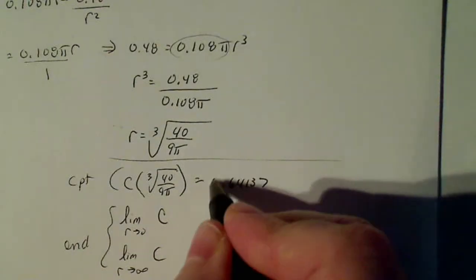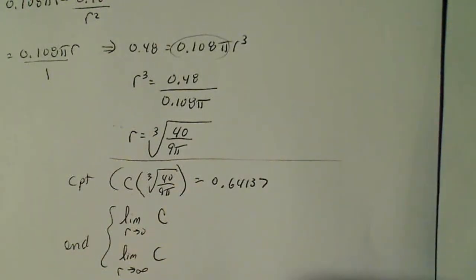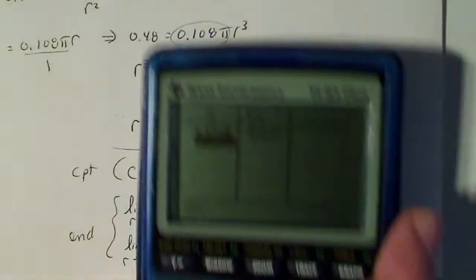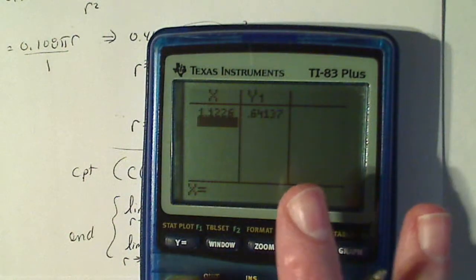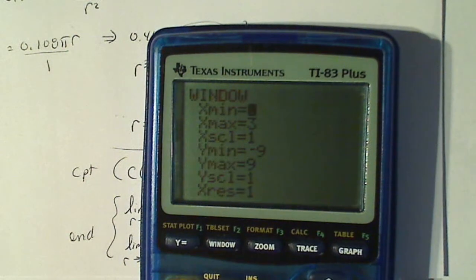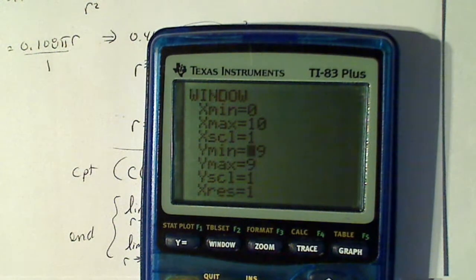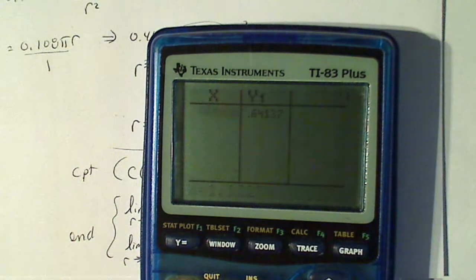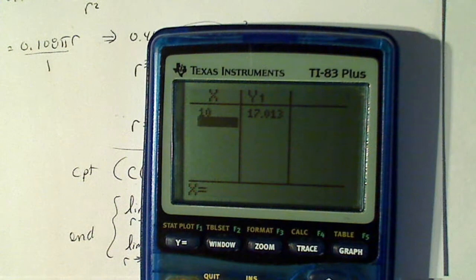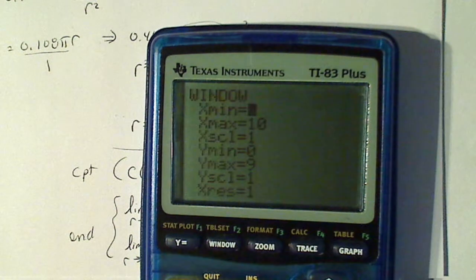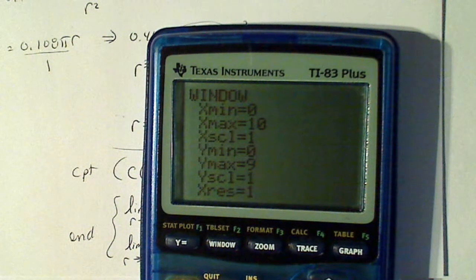There we go. And now, if I think about these limits, I want to look at the graph because that's easier to tell. And if I do my window, I want to go from 0 to 10. And I want to go from 0, because y is the surface area of the can, and it's not going to be negative. Y goes from, well, let's see what happens to my function at 10. I'm at 17, so I'm going to go up to 18 here.